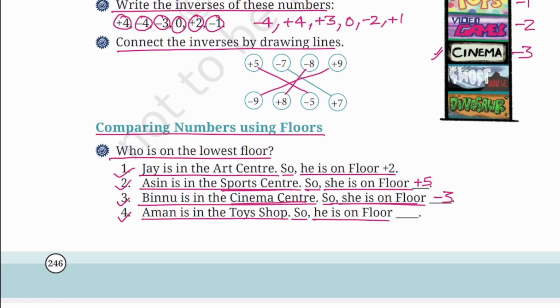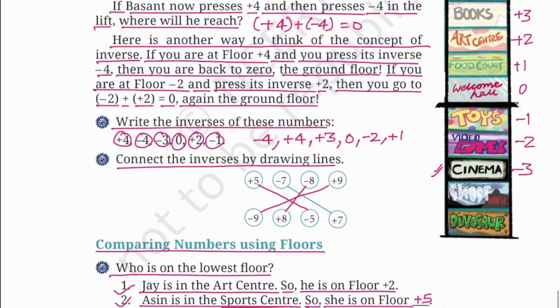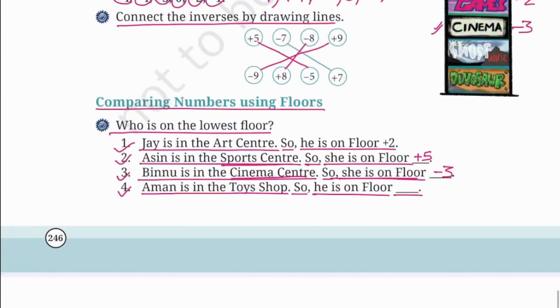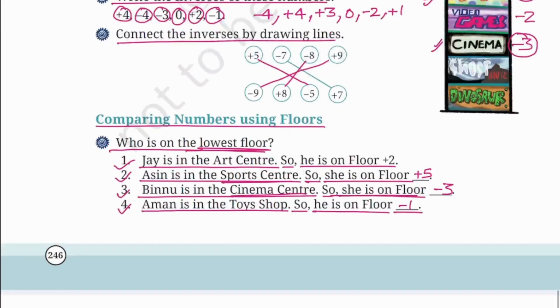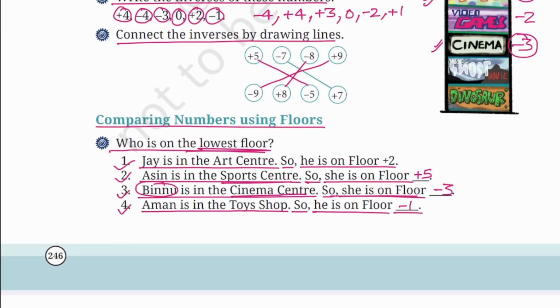So he is on floor dash -1. Who is on the lowest floor? Lowest one means, you can see -3 is the lowest floor and Binnu is on the lowest floor.